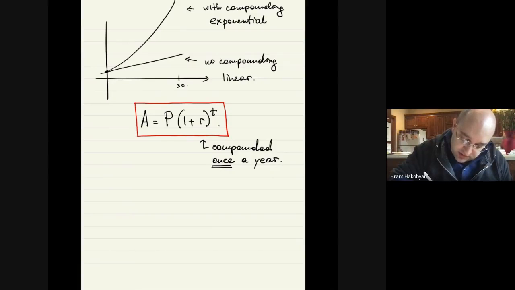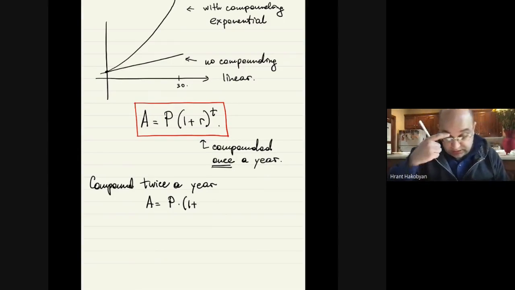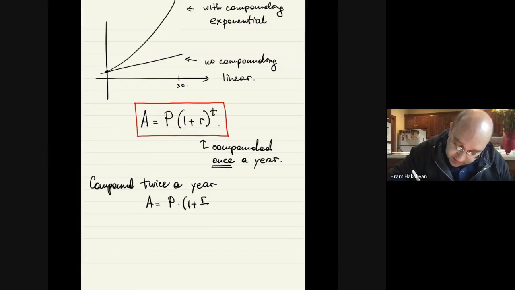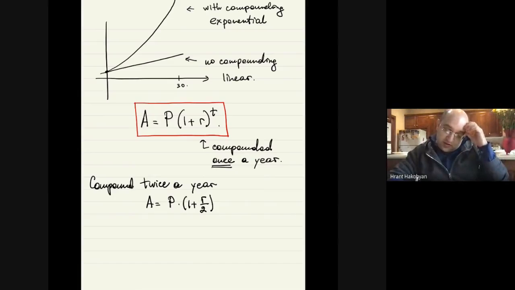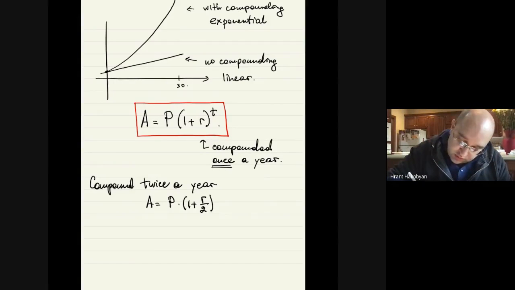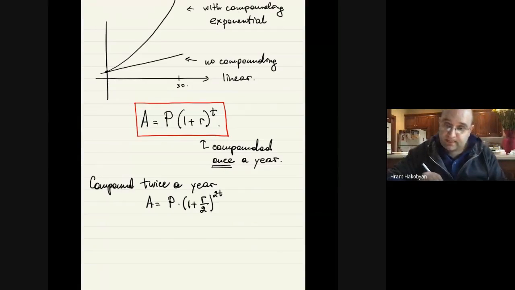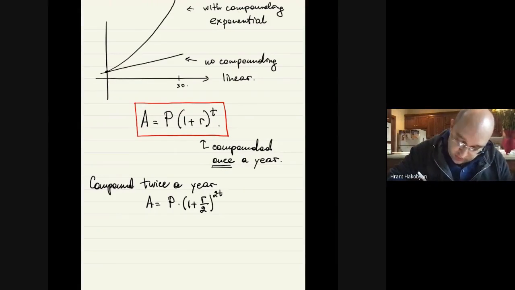If you compound twice a year, the formula will be A is equal to the principal amount times 1 plus the rate divided by 2. That makes sense, right? Instead of compounding once with 5%, you compound twice with 2.5%, but then you raise to the power 2t.